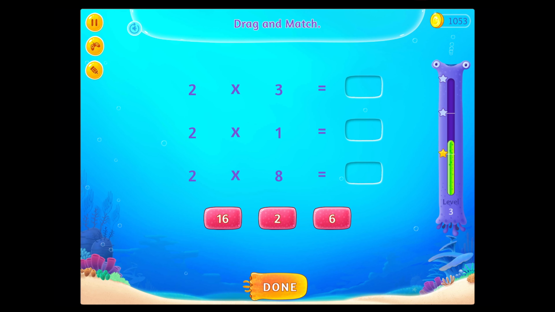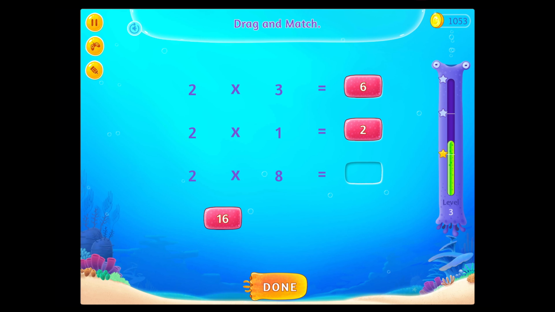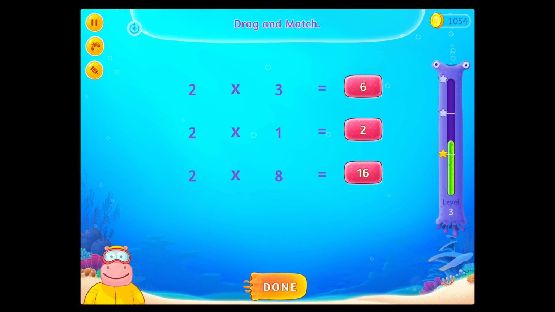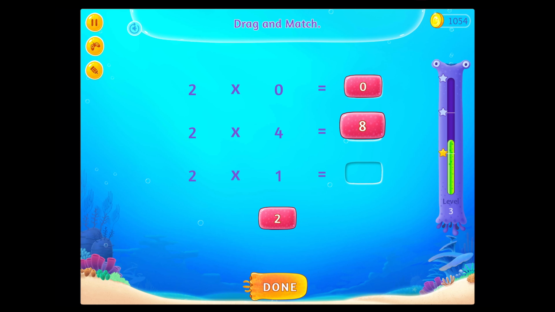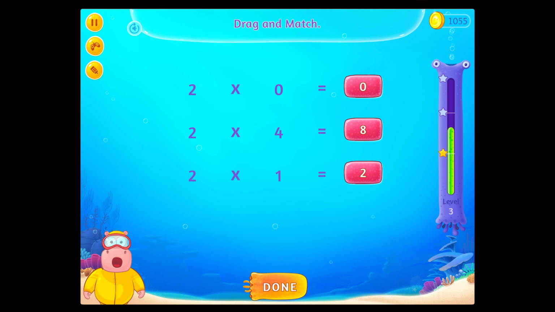Drag and match. Correct! Drag and match. Congratulations!